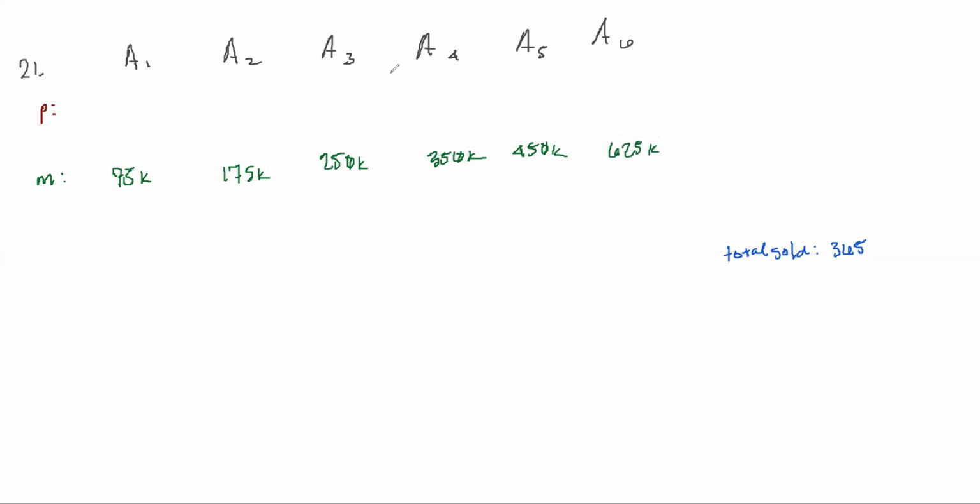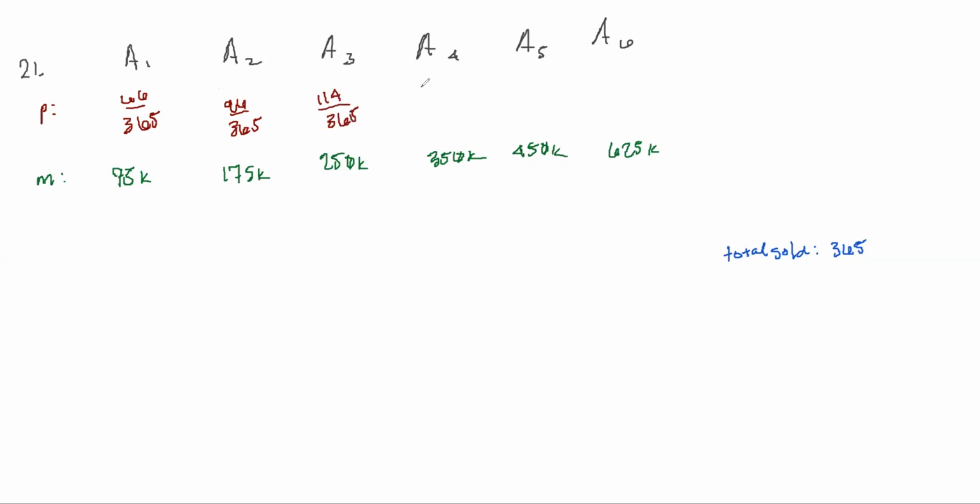And then we have our probabilities, which are going to be the number of homes sold divided by the total number of homes. So in this case, it's going to be 66 over 365. And then we have 96 over 365. We have 114 over 365.